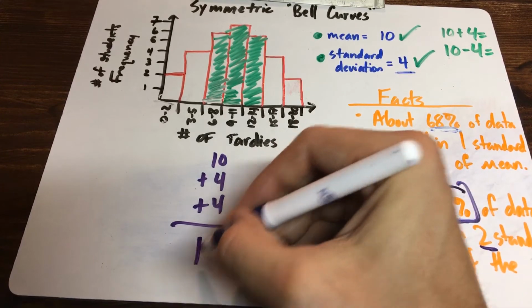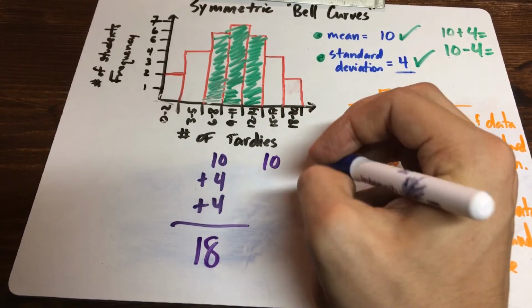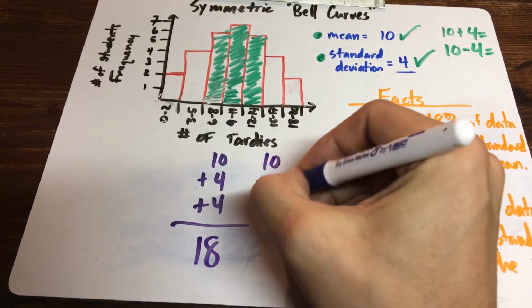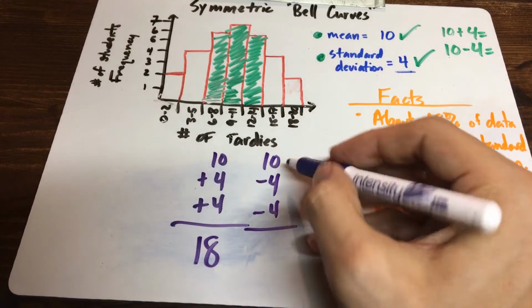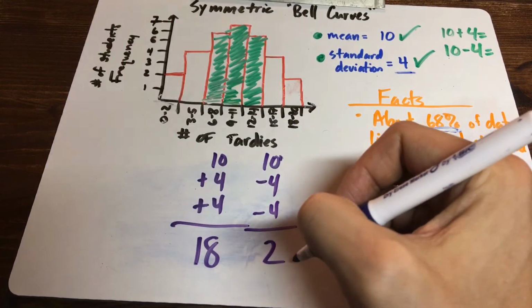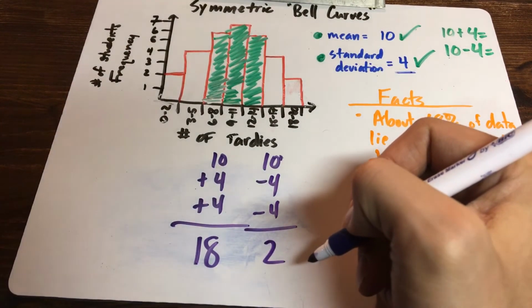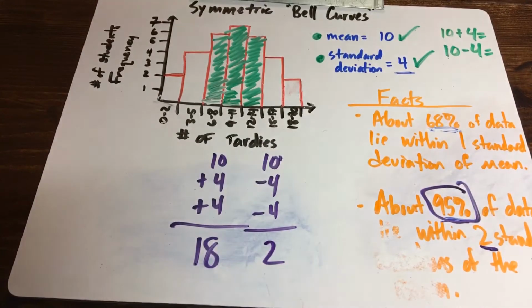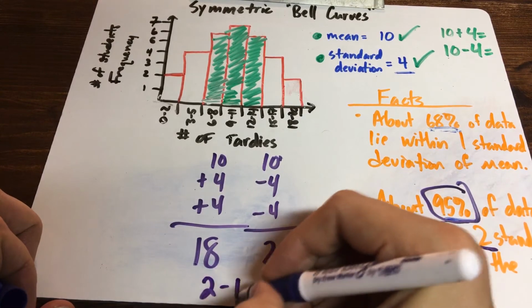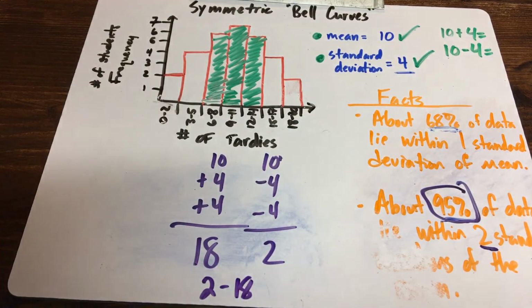So if I include this all the way up to 18, and then if I do it the other way, if my mean is 10 and the standard deviation is 4, if I go 2 standard deviations below, it's going to be 10 minus 4, which is 6. 6 minus 4, which is 2, right? So I would say 95% of our students have between 2 and 18 tardies, right?